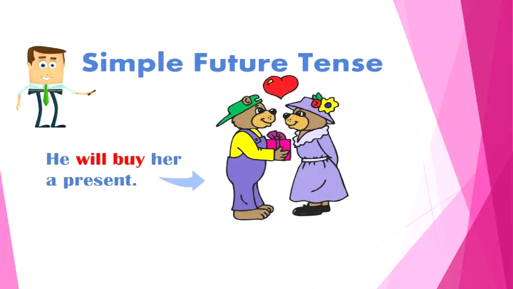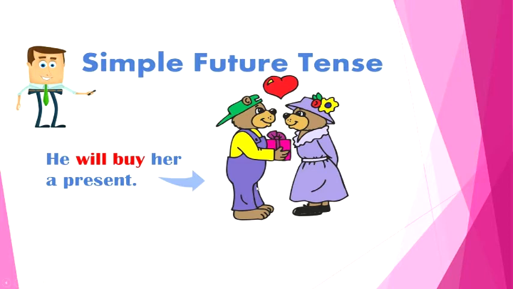Now dear children, we have completed this tense in the previous sessions. So let us have a recap, a revision of this tense, and then we are going to do exercises based on it. Now you can see this beautiful picture. Yes, a boy is gifting a present to a girl, right?